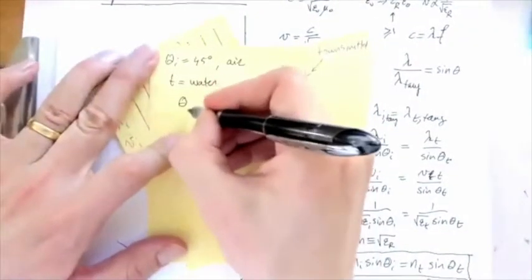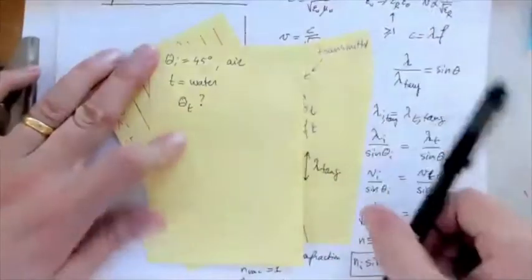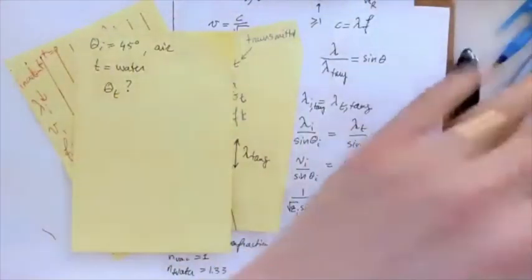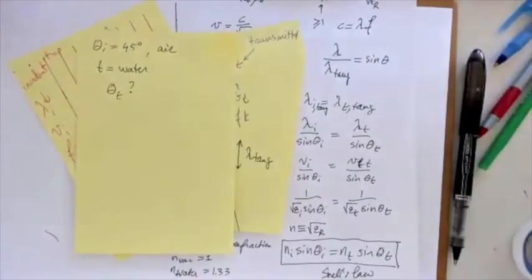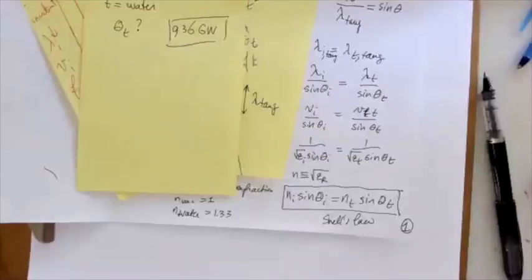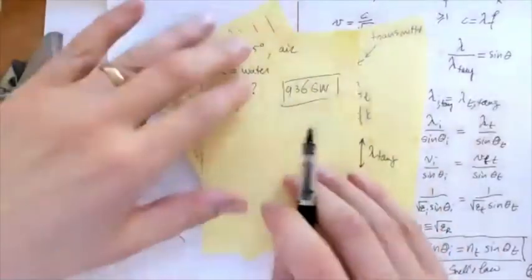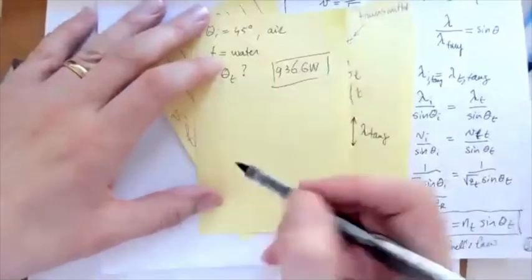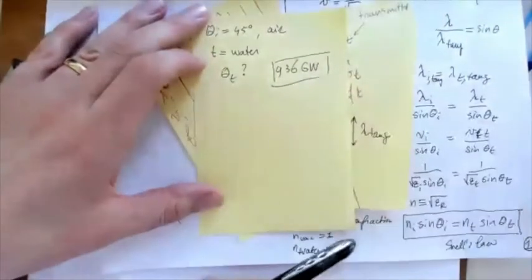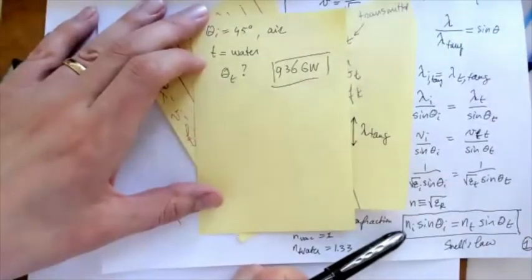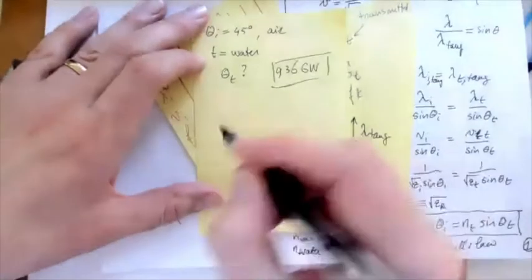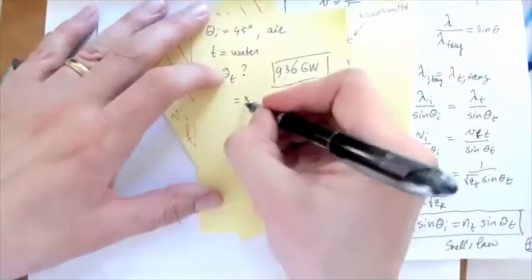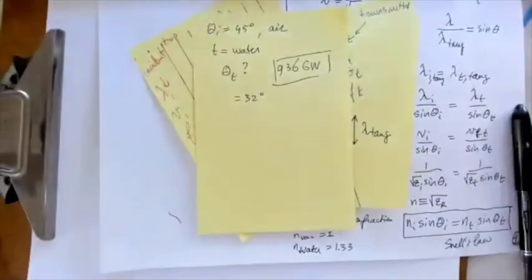So calculate what is theta t. Let me bring this up, and I'll give you the code. Yeah, most of you had that right. It's not complicated. Using these, you just get a theta t of 32 degrees. Okay. So in practice, what does that mean?